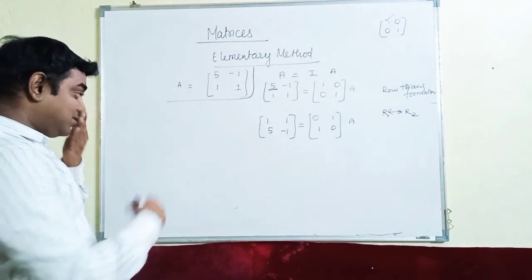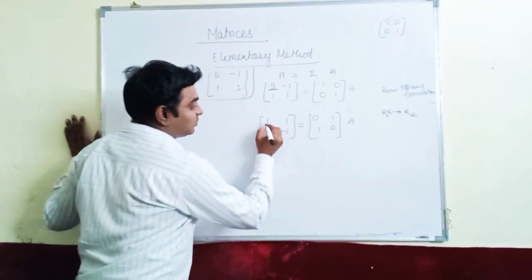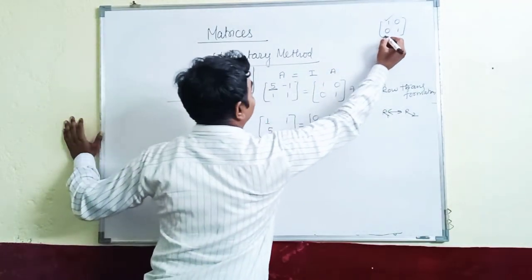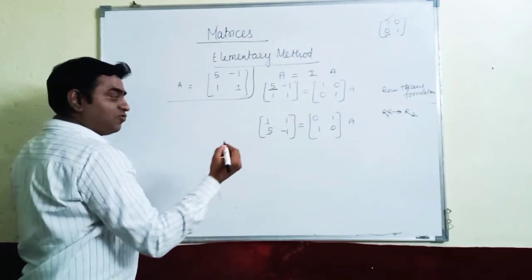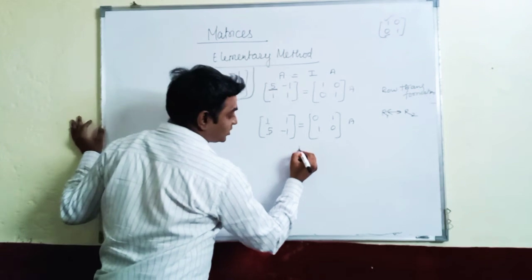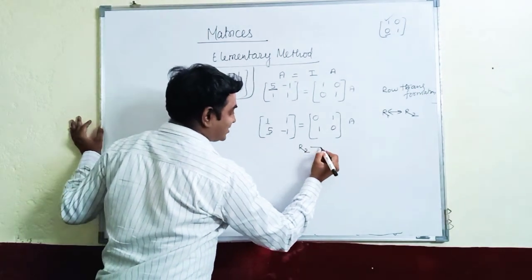Now, next step, this has become 1. So what we have to find is that this one must be 0. To get this 0, you apply the operation R2 minus 5 times R1. Why?